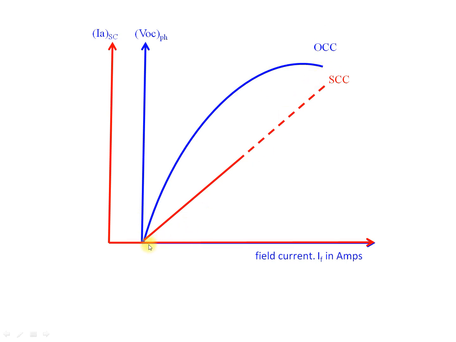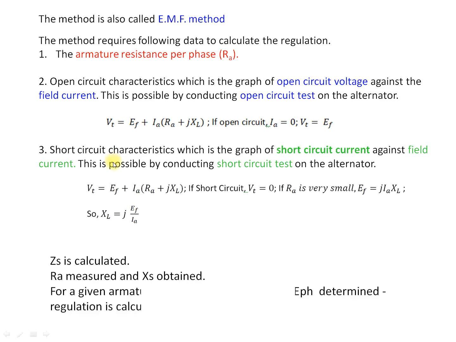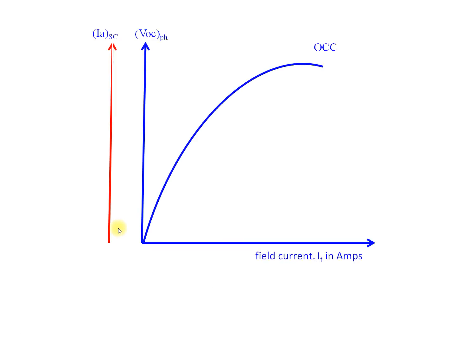If you give a short circuit and increase the field current, since we have seen in the previous slide, the variation in Ia and EF gives a constant XL, so the short circuit characteristic will be a straight line.